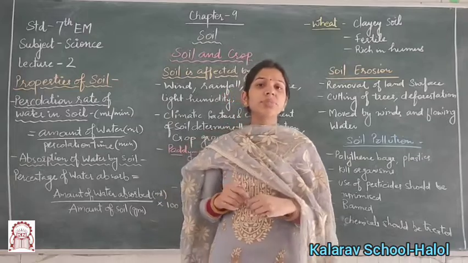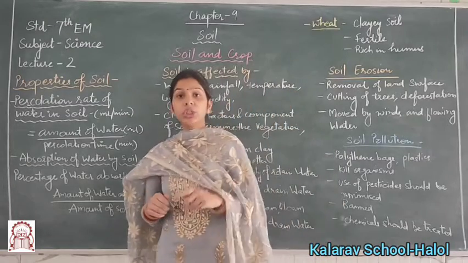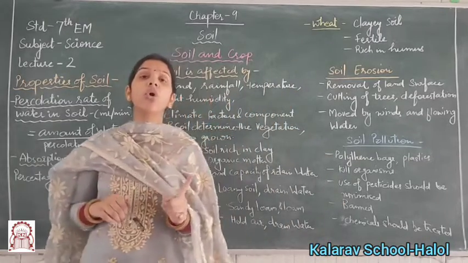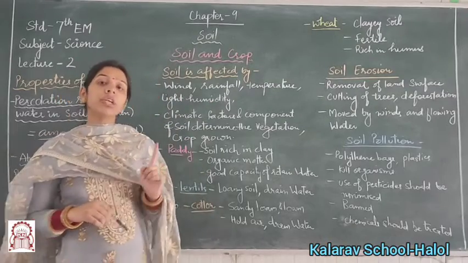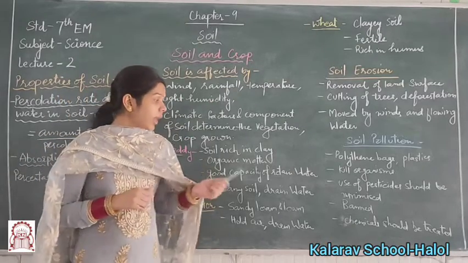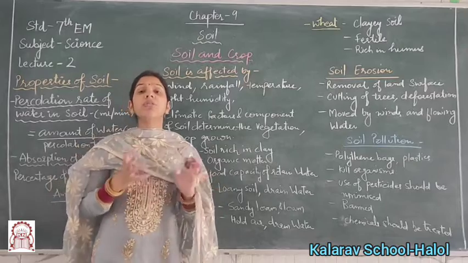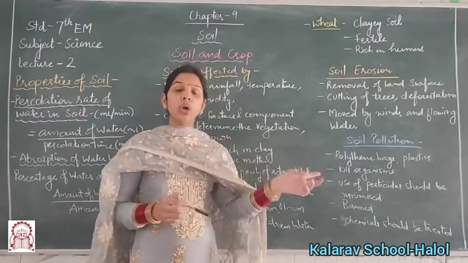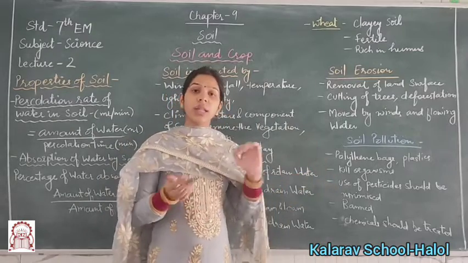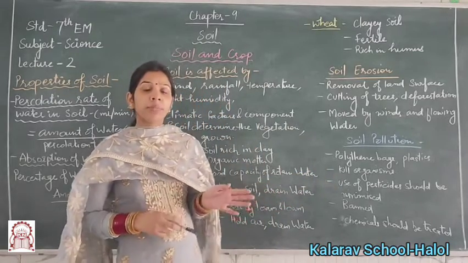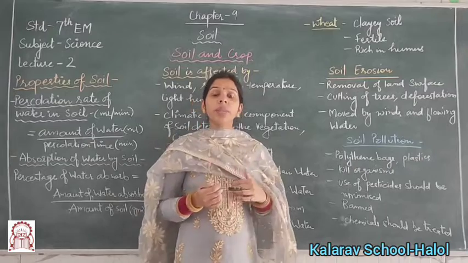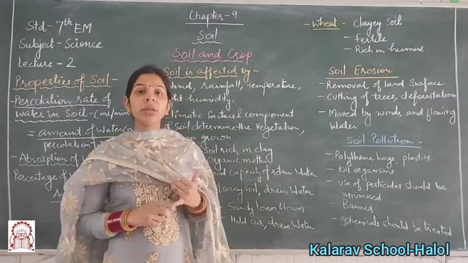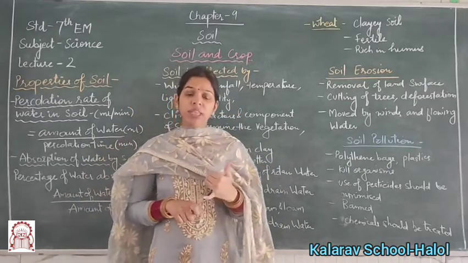Use of pesticides by farmers in crop production should be banned. It also decreases the fertility of the soil. Chemicals or waste materials of factories should not be thrown in the soil, as they also affect its fertility. So what do we do? We grow more and more trees, and ban polythene bags and plastics.